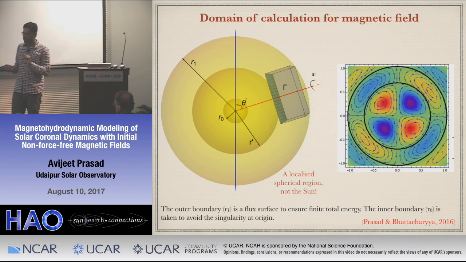And also it should be noted that in the radial part of psi, we had both Bessel J and Bessel Y. So we have to avoid the origin so that there is no singularity at the origin. So we take an inner boundary also of radius r naught. So the magnetic field that we are defining is in this region between a shell of r naught to r1. So we can solve for the magnetic field in this spherical shell.